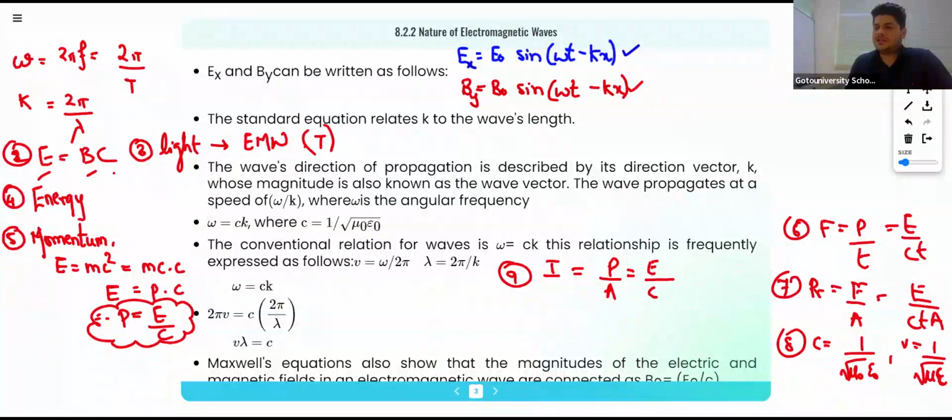P was E upon c, into A. And what is E? nhf upon cA. So these were the 8 to 9 points, 2, 3, 4, 5, 6, 7, 8, 9. These were the 9 points we have to remember for the properties.